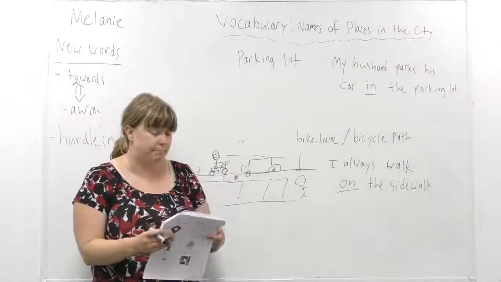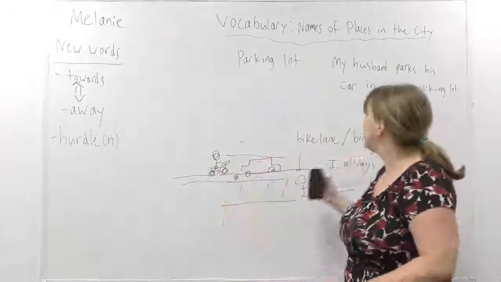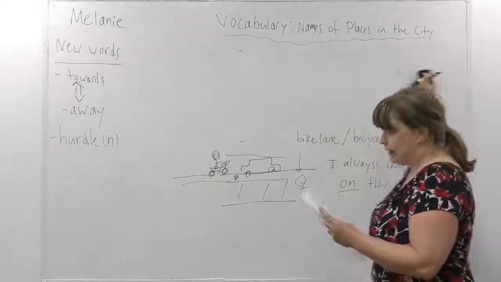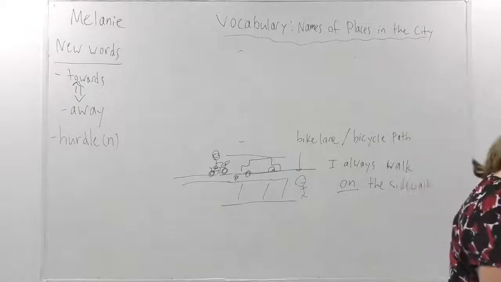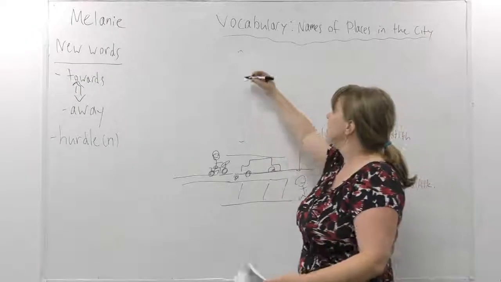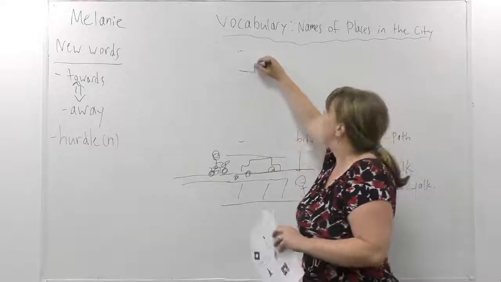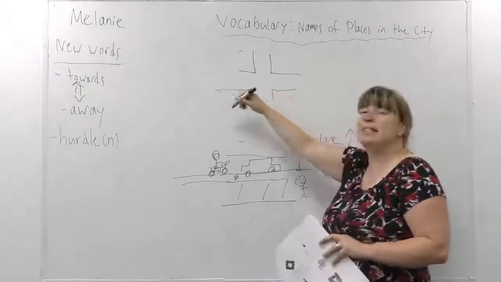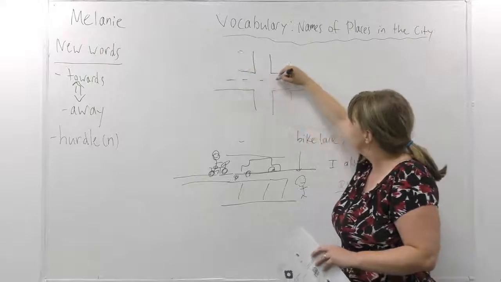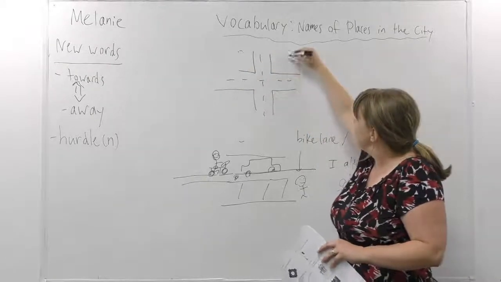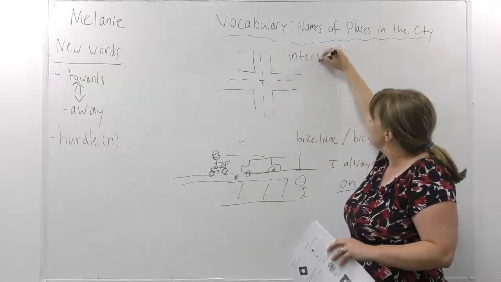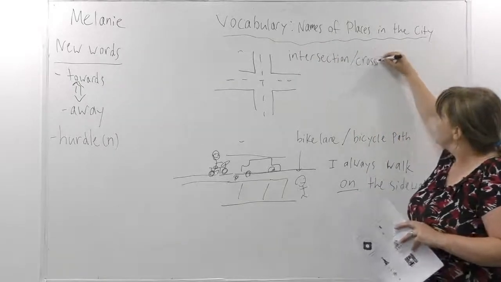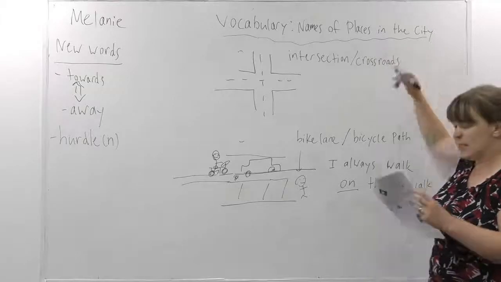All right, now let's get rid of parking lot. Here we have something called crossroads. Now this is not a term I hear very often. Typically I call this an intersection. Okay, intersection. But I suppose you can call it crossroads.